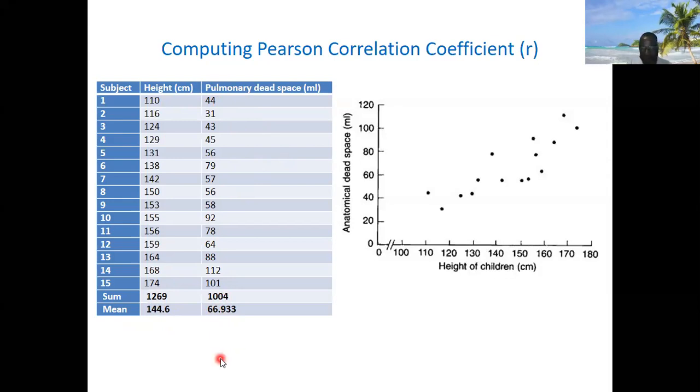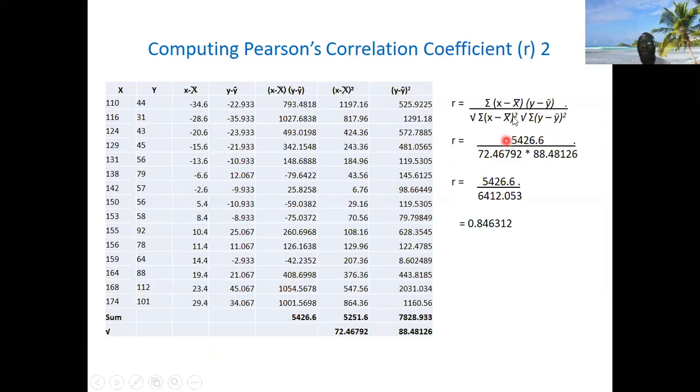This is the mean. Now, if you follow the formula we are talking of, all you need to calculate is x, the height, and y, the dead space. Then x minus x bar: you remove x bar, which is the mean, from the x, for each of the 15 of them.